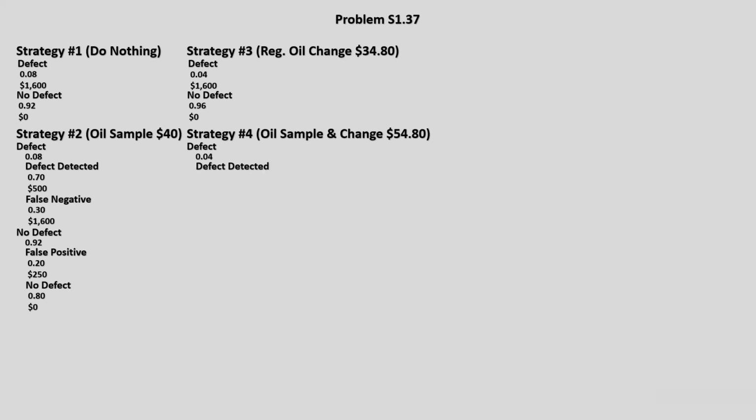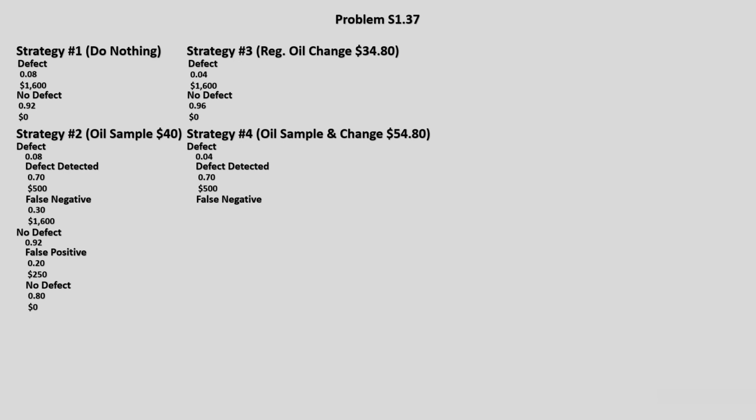But this time we've run the sample. A defect is present. The test returns that a defect has been detected. The manufacturer has told you, again, that the test results will be accurate up to 70% or 0.7 if a defect is present. The cost at this point is $500.